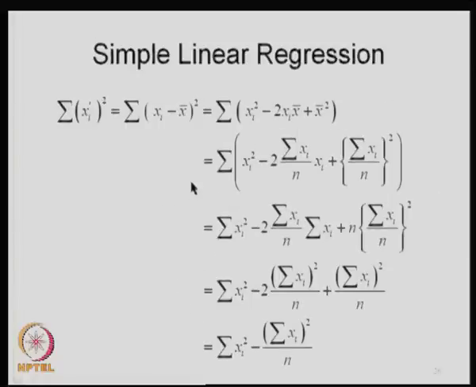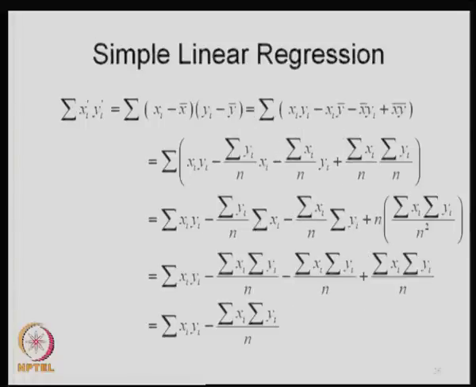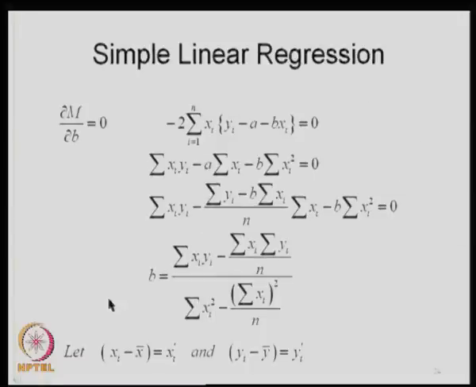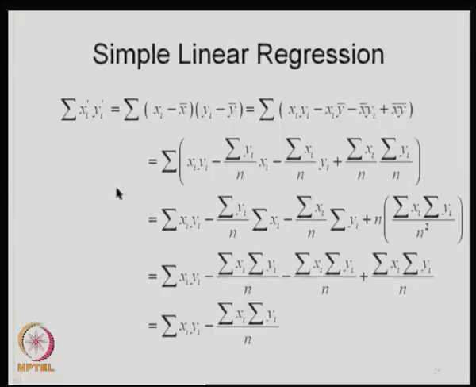What we said is x_i minus x bar is equal to x_i dash and y_i minus y bar is equal to y_i dash. So, we consider this x_i dash y_i dash, which is (x_i minus x bar)(y_i minus y bar), summation of that, and that can be written as summation of x_i y_i minus summation x_i summation y_i by n, which means essentially we are writing this equal to this expression.